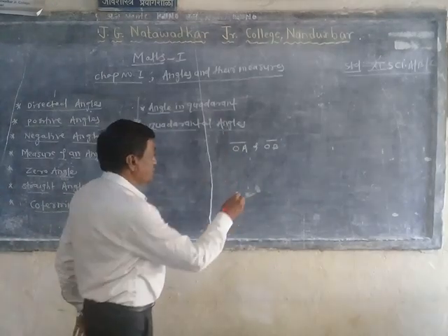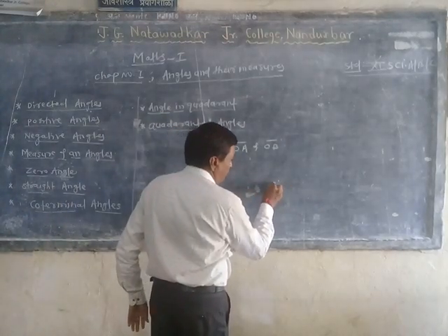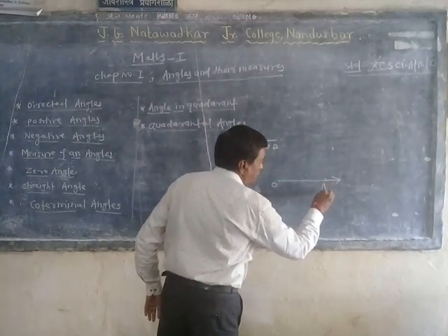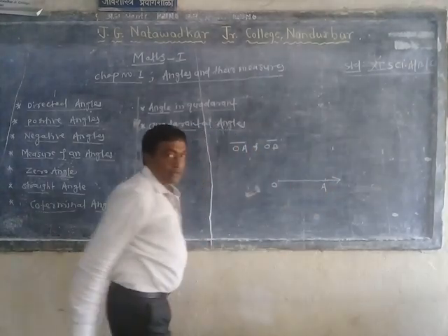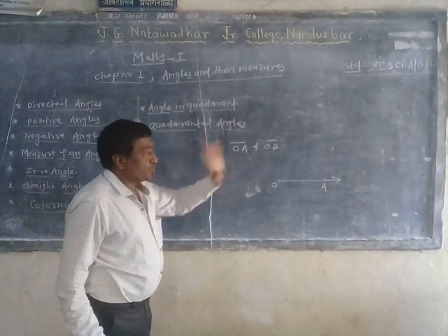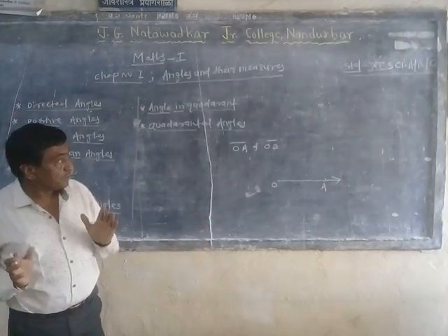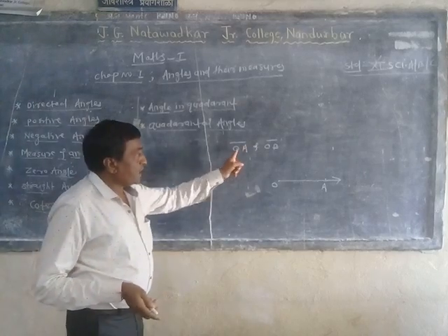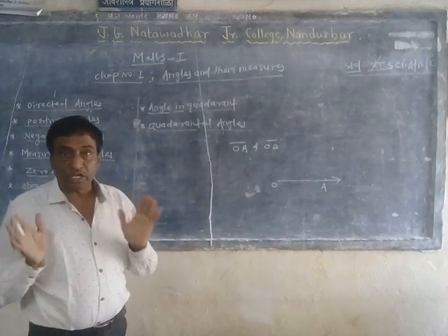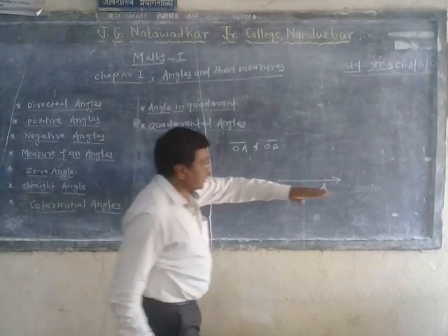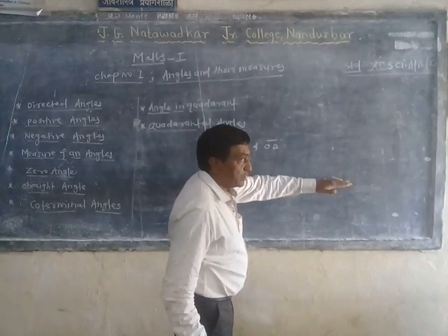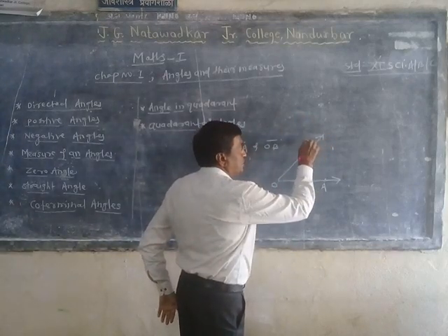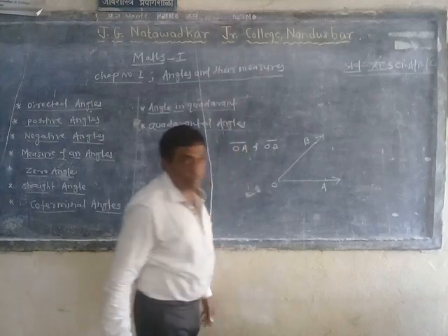Suppose this is the point O, and I draw this ray OA, and now another ray OB. The directed angle means the ordered pair of rays OA bar and OB bar together with the rotation of ray OA until it occupies the position of ray OB.